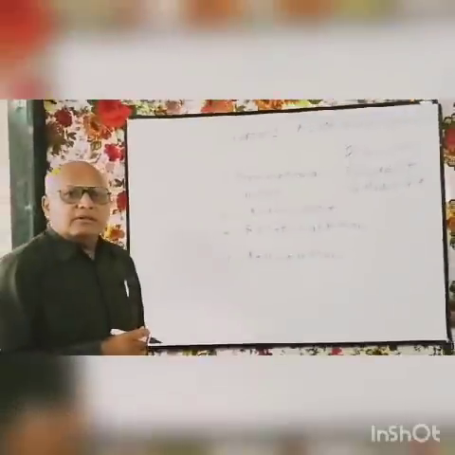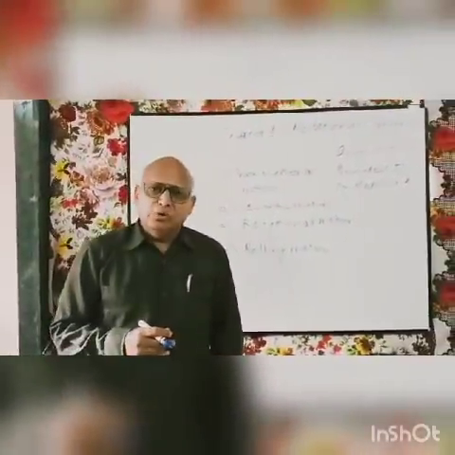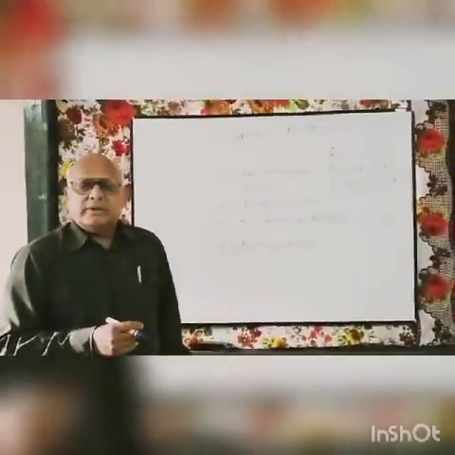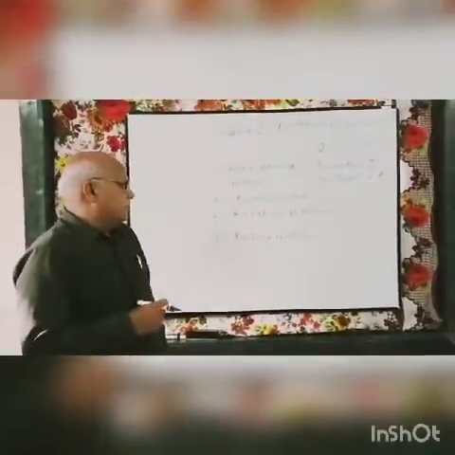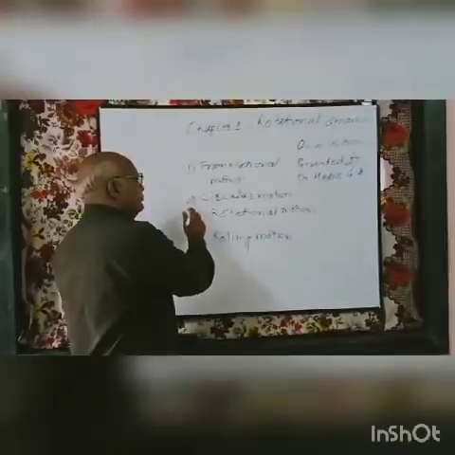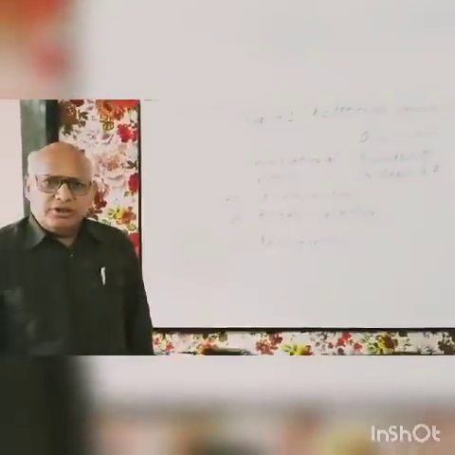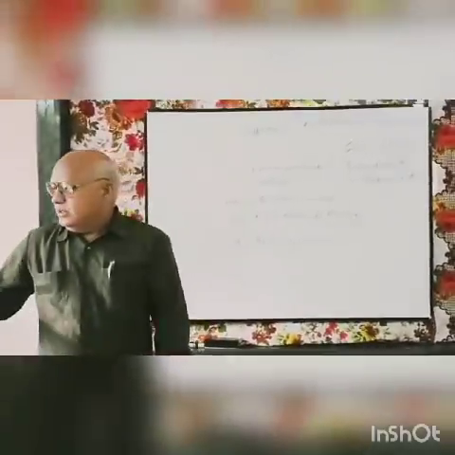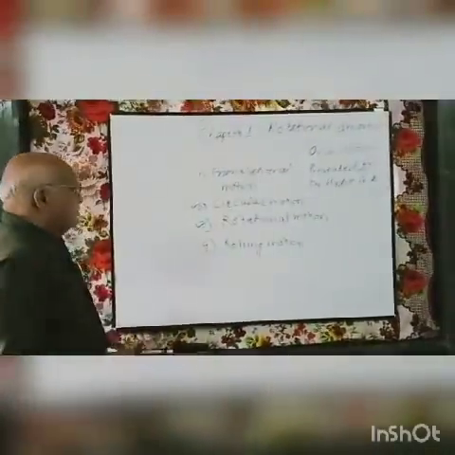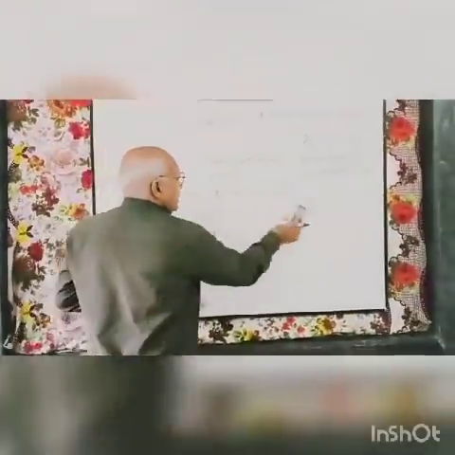Apart from this, there are various types of motion like vibrational motion, spinning motion, etc. Here in the chapter, particularly, we are going to focus on circular motion and rotational motion. So let us proceed to learn the first motion, that is circular motion.